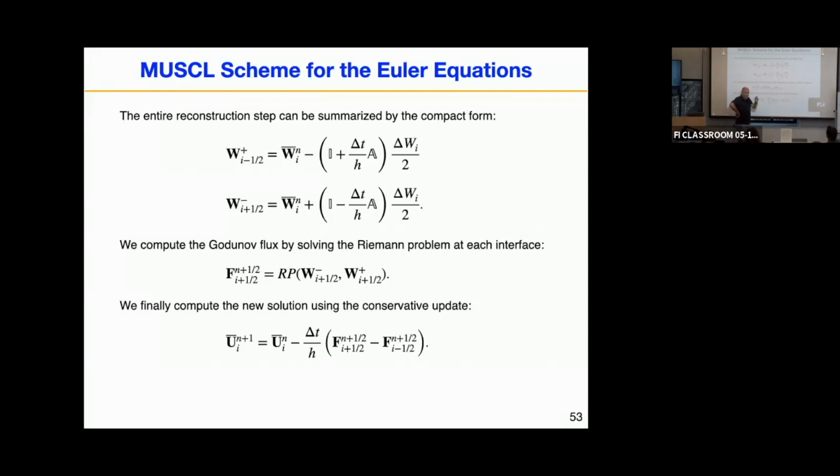They are point values at the interface, i plus half. So that's the difference with the first order Godunov scheme, where the left and right states are the cell average values. Now those are the reconstructed values at the interface. That's where you get the extra accuracy. And once you have the flux, then you update the finite volume quantities the same way.